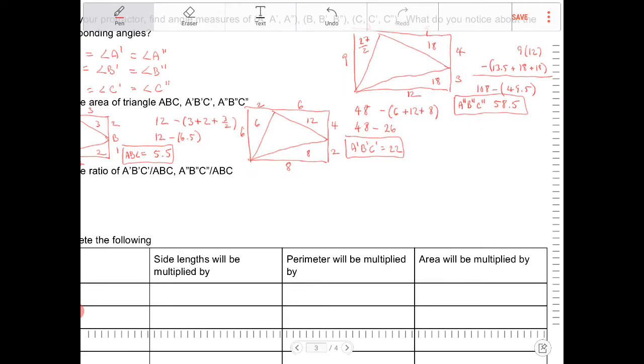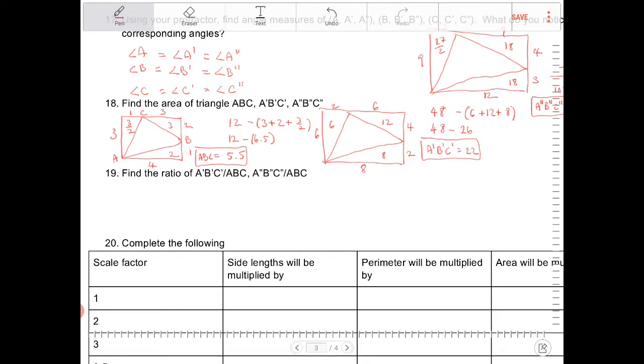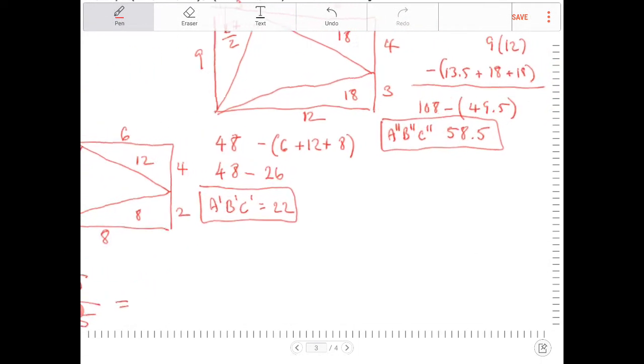And it may not be obvious at this point right now, but if I take A prime, B prime, C prime divided by ABC, I will end up with 22 over 5.5, and that will be 4, right? If I take A double prime, B double prime, C double prime, which is 58.5, and divide that by 5.5, this will turn out to be, I'm sorry, I subtracted wrong.